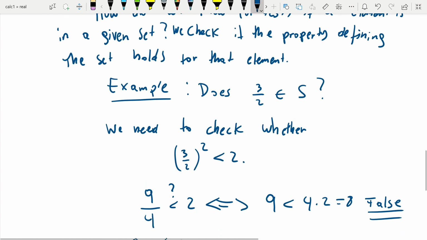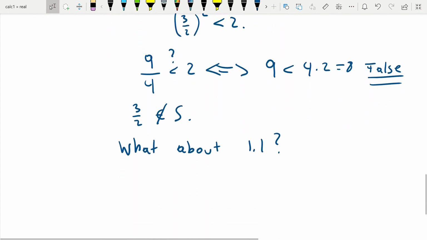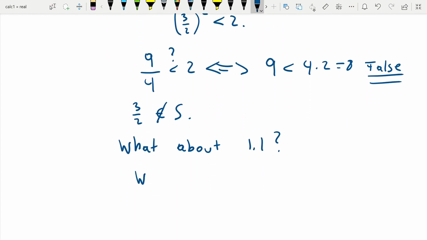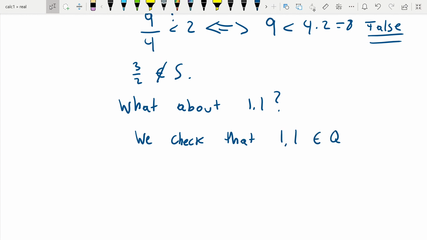Naturally, for the first question, 3/2 is a number in Q. It is a fraction. But now what about 1.1? It's not written as a fraction, but we check that 1.1 is in Q and that 1.1 squared is less than 2.